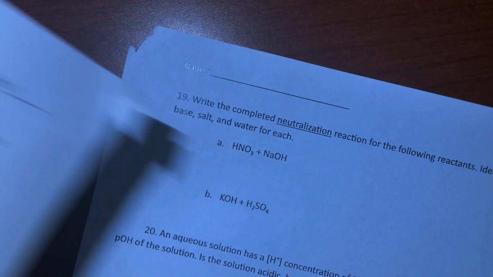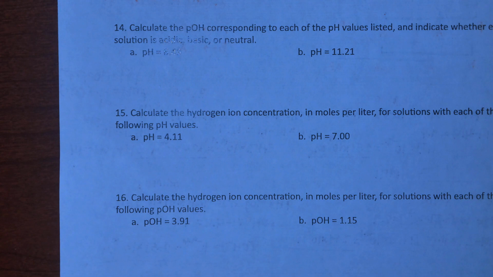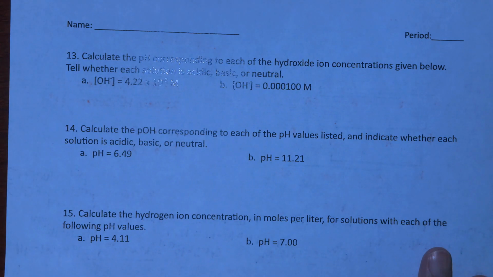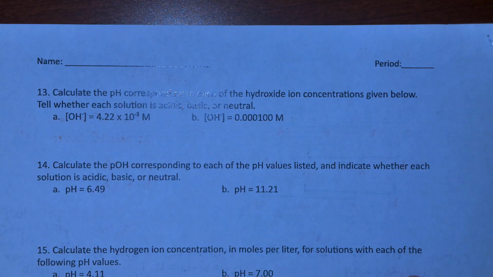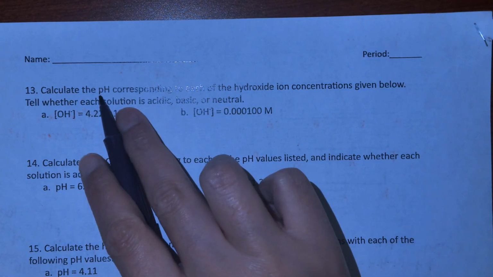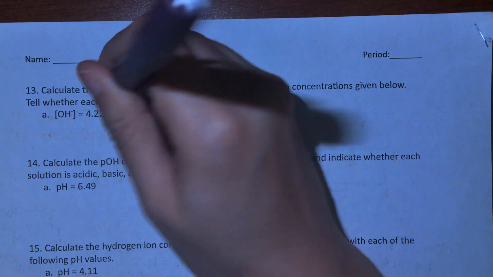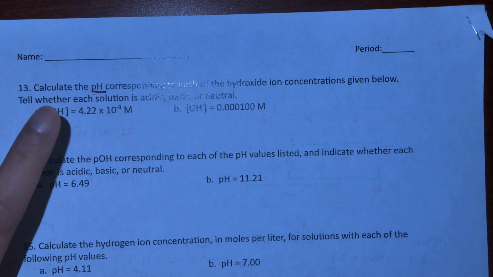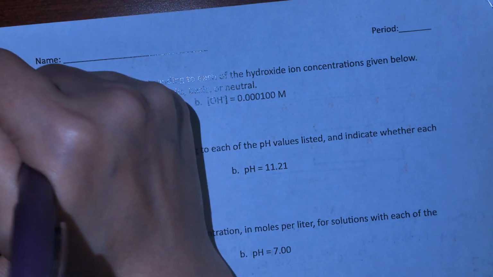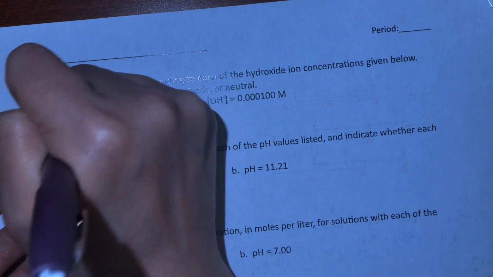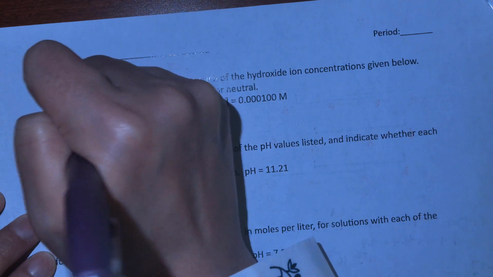Alright, let's see how much we've got left. This is a lot of math. Okay, so this time you're given the OH and you're trying to find the pH. So what do you have to find first in order to get pH? So OH corresponds with pOH, so that's negative log of that.